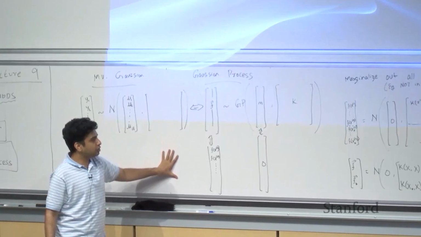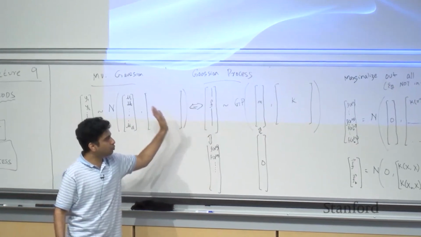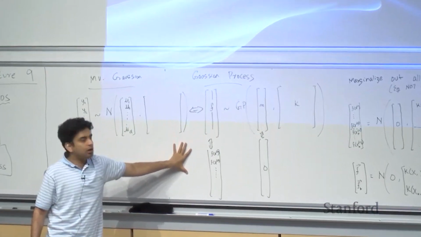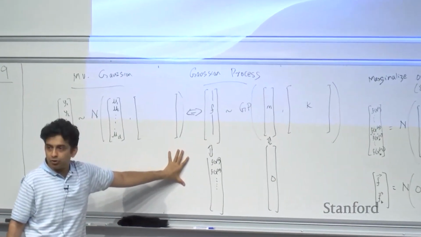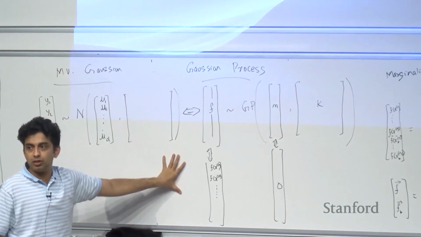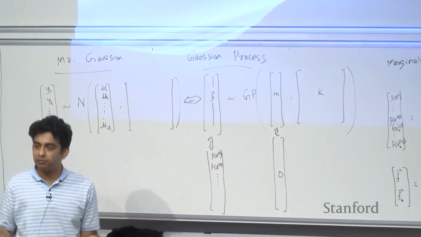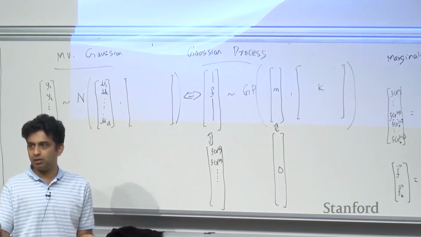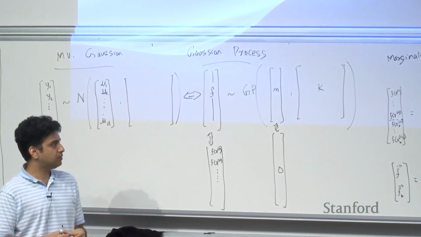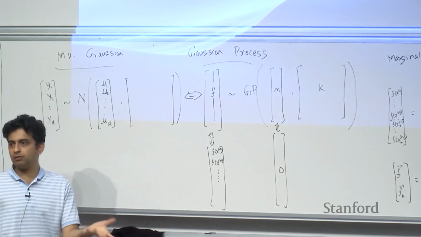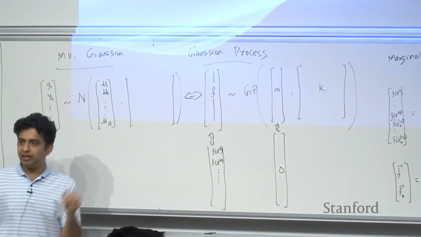In theory, you could go through the same exercise for any other distribution other than Gaussians, but the other distributions may not have the same properties. First of all, they may not have multivariate versions. For example, for a Poisson distribution, there is no multivariate Poisson. You can have a collection of Poissons, but there's no multivariate version of it.